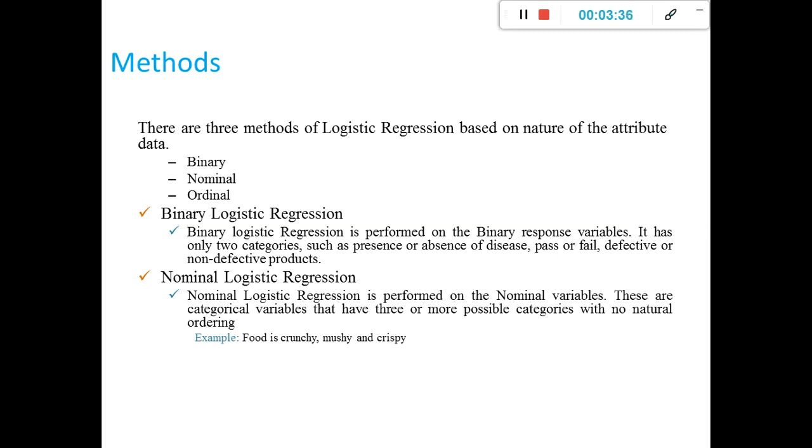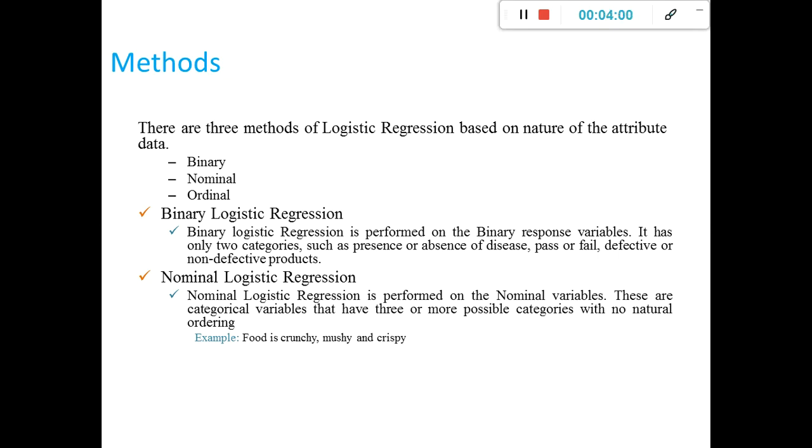So these are the various methods through which we can apply logistic regression. We can have binary logistic regression, nominal logistic regression, and ordinal logistic regression. The basic definition of logistic regression, which is commonly and widely used, is binary logistic regression.